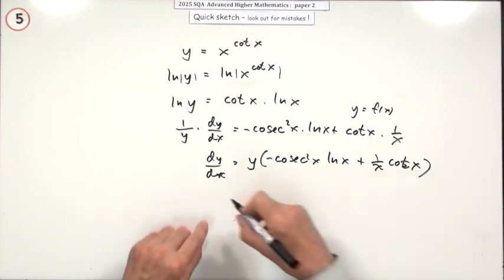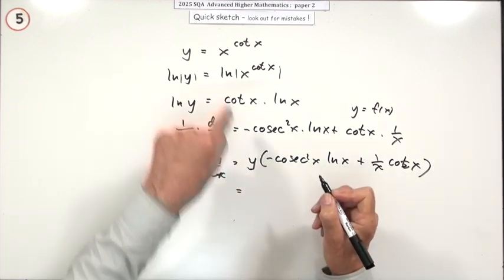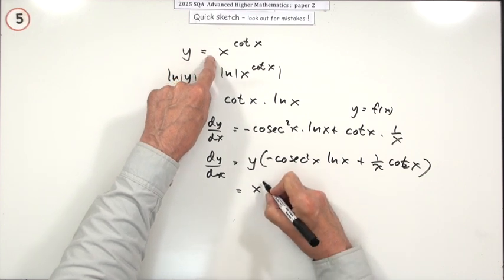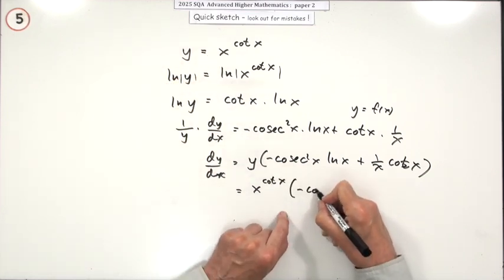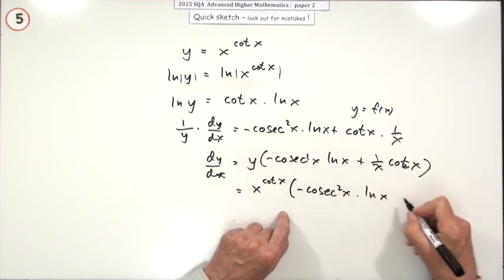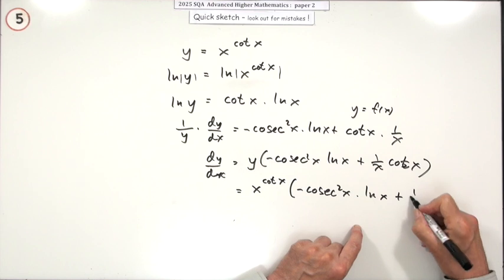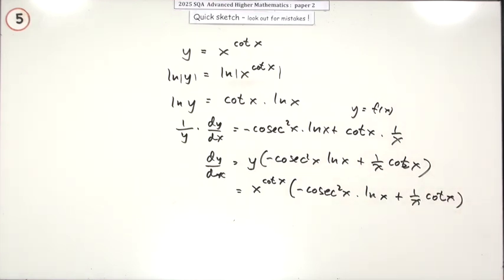I don't like all this stuff. But that's not in terms of x, you've got a y. So now I'm going to have to replace that with this one. So it's x to the cot x times negative cosec squared x ln x plus 1 over x cot x.